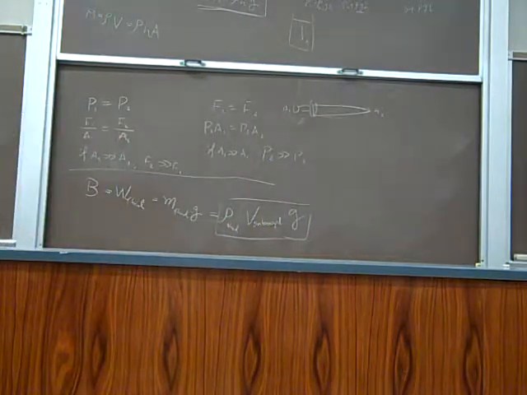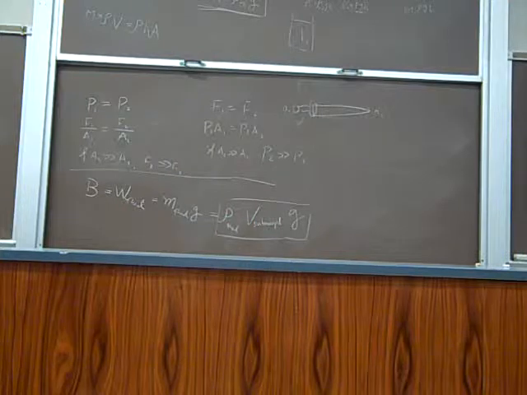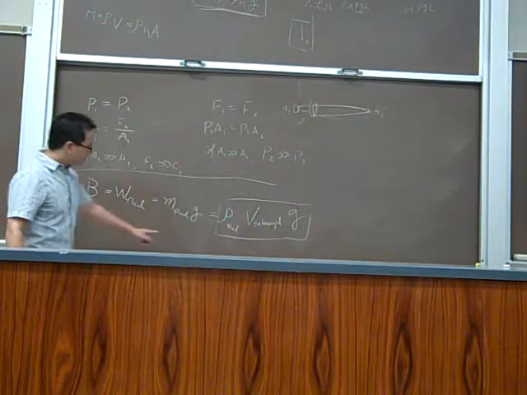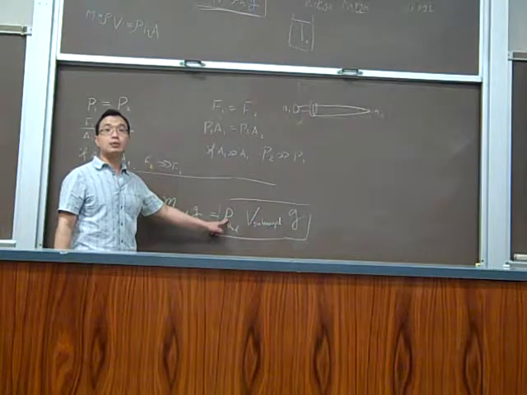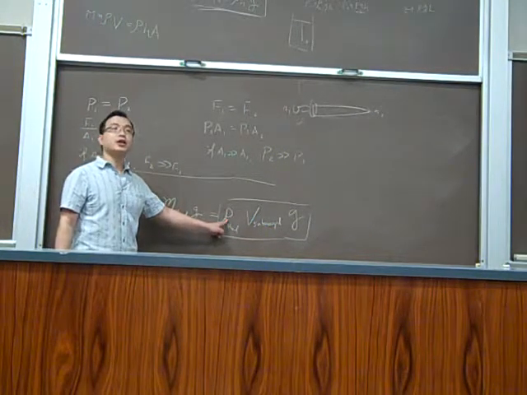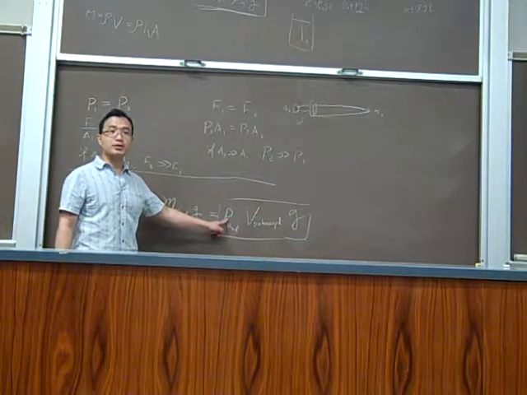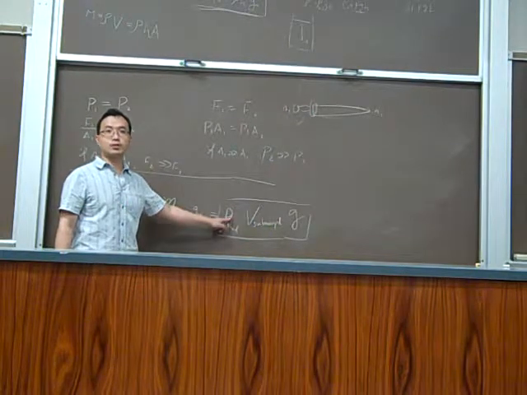Please note the two keywords here, fluid and submerged. Be careful, because if you are not careful, you may put the density for the object. The buoyant force is calculated from the density of the fluid, not the object.